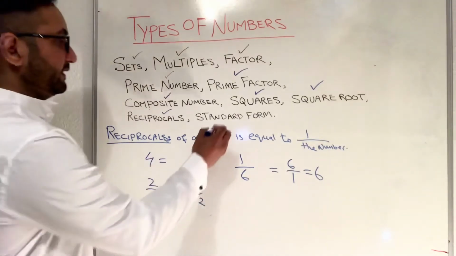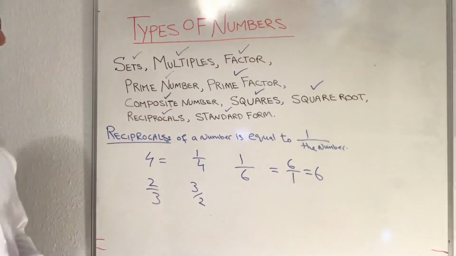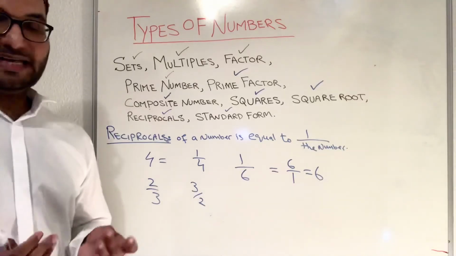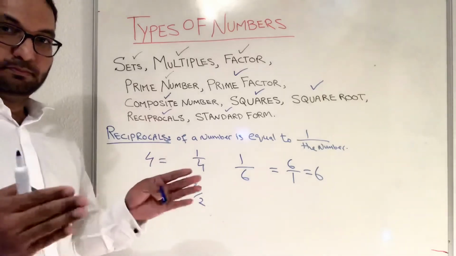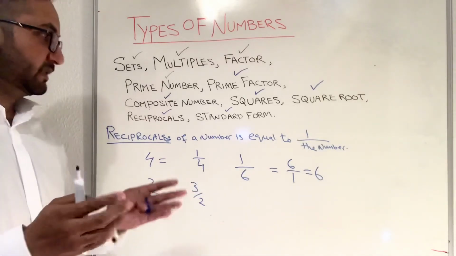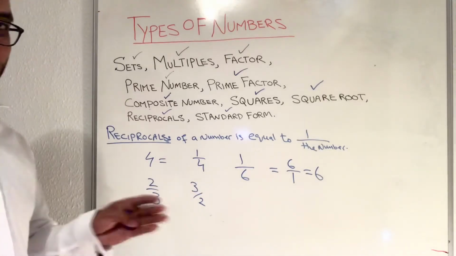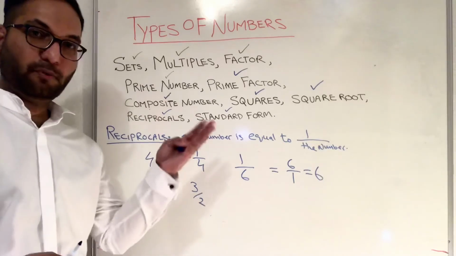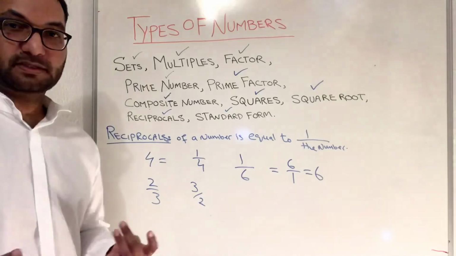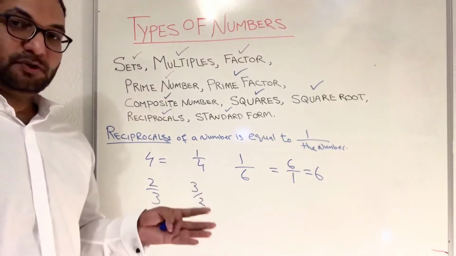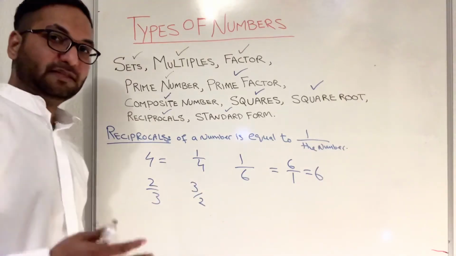So the last one is the standard form. It's for very big data that we convert into that form to show the values. Just like the distance from Earth to the moon is going to be millions of kilometers, and then we use that in standard form.